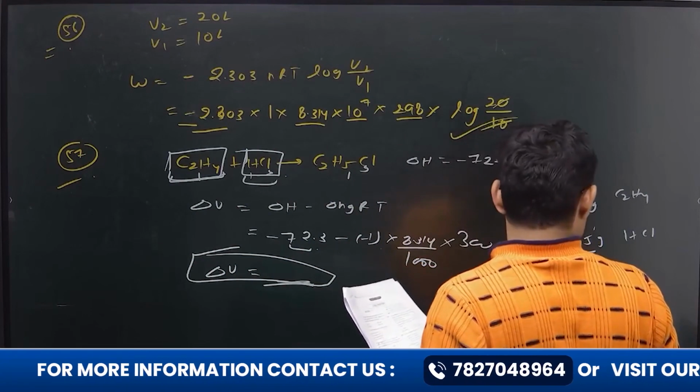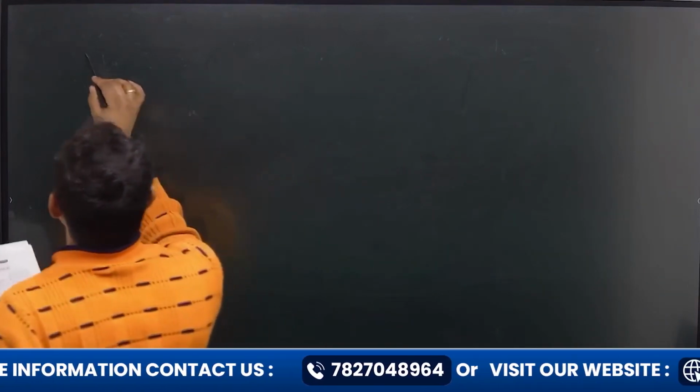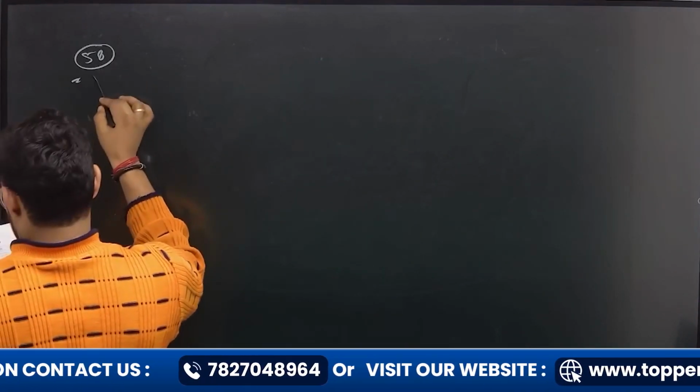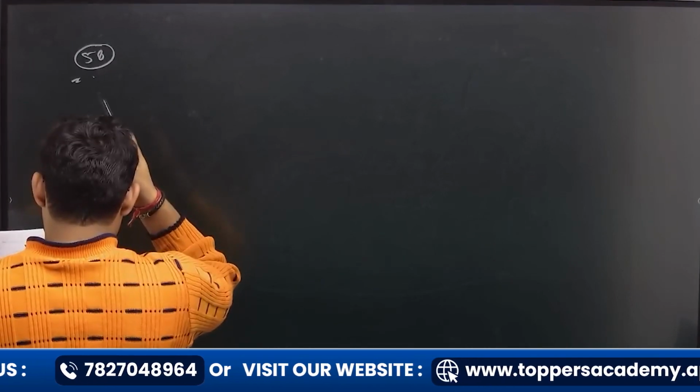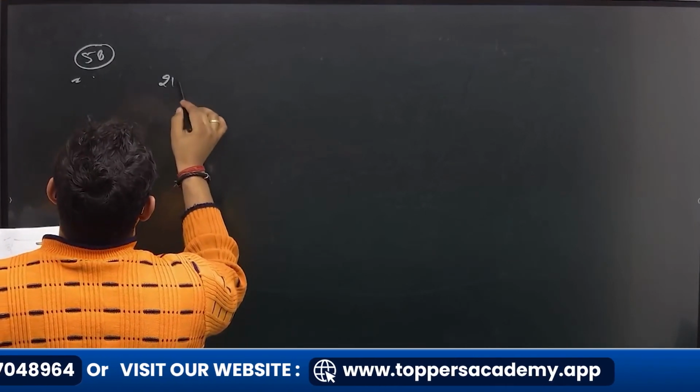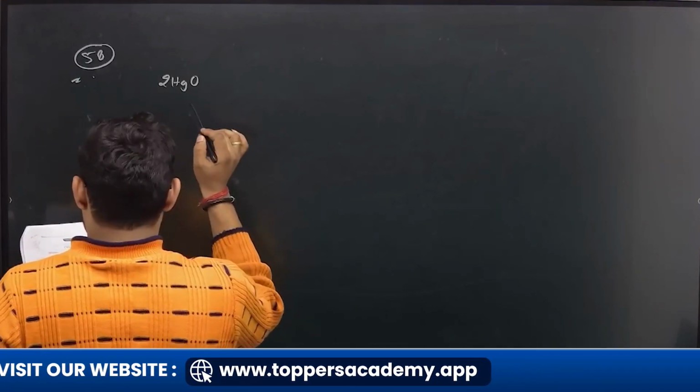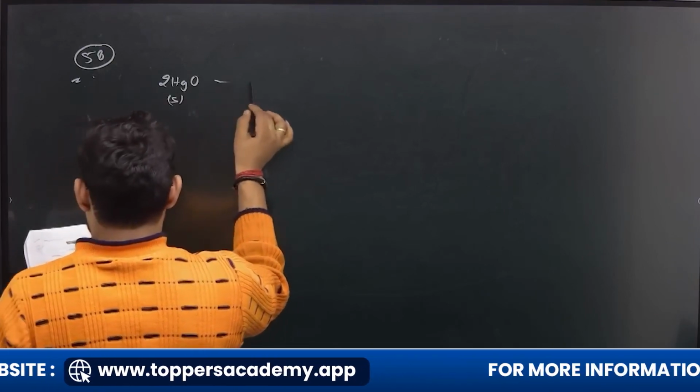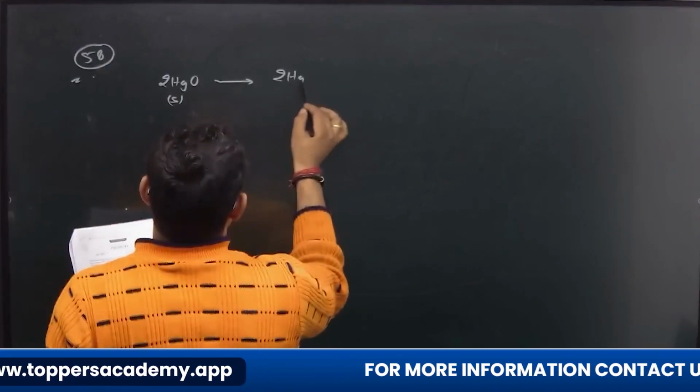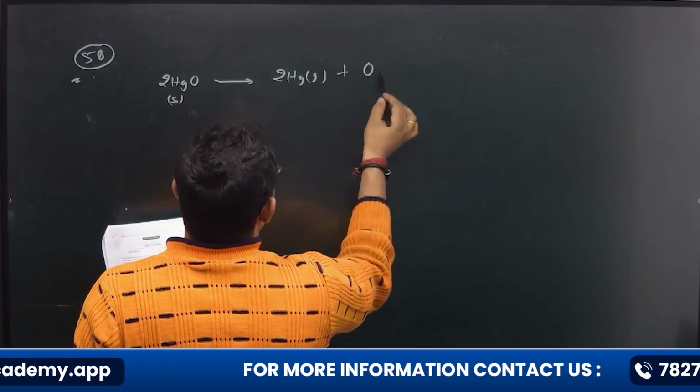Now the 58th question. 2HgO solid is being converted into 2Hg liquid plus O2 gas.